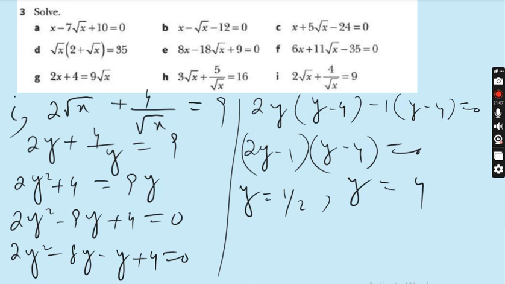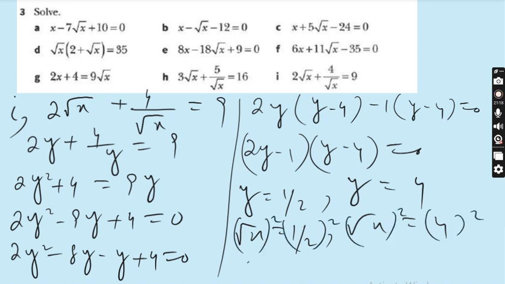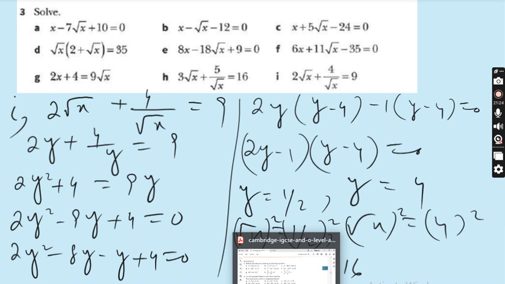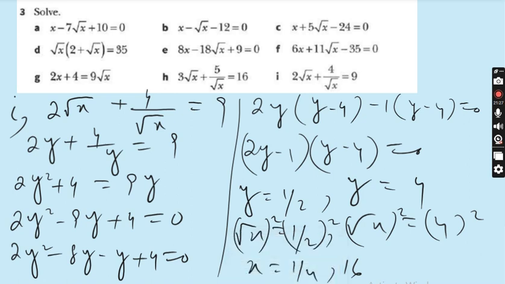But y was, we let, root x. Taking square on both sides in both the equations, x is 1 upon 4 and 4 square is 16. So our answer is 1 upon 4 and 16.